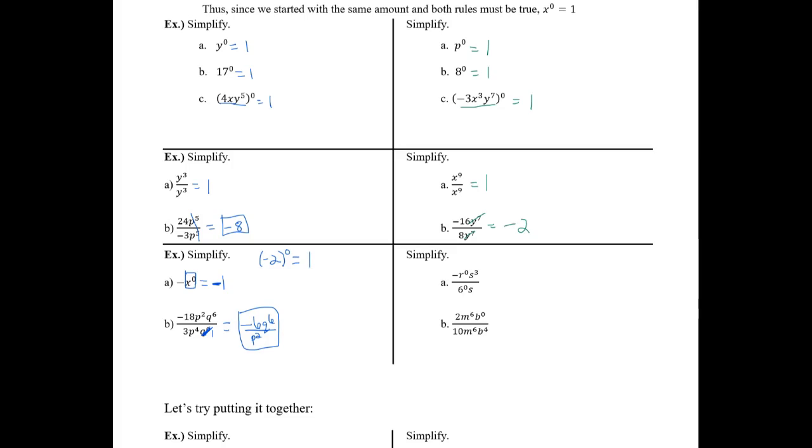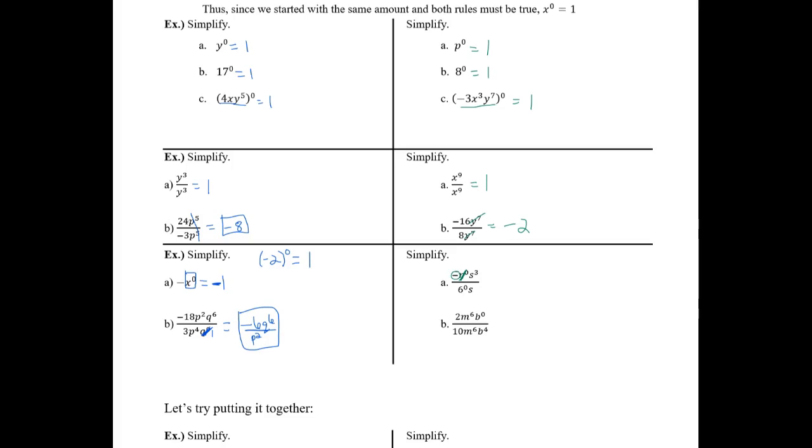Moving down to the next section, I have negative r to the 0 times s cubed all over 6 to the 0 times s. So let's knock out those r to the 0 and 6 to the 0. R to the 0 is 1. Notice that negative is still there.